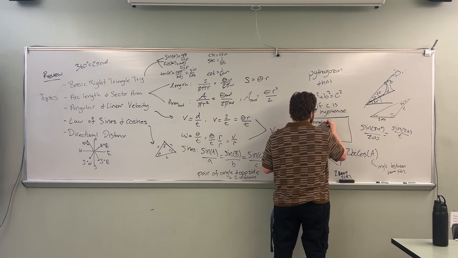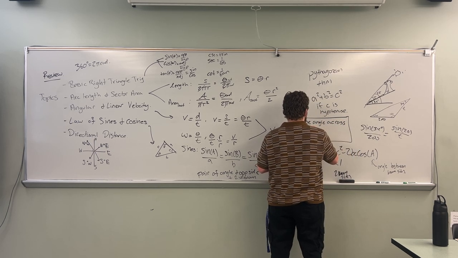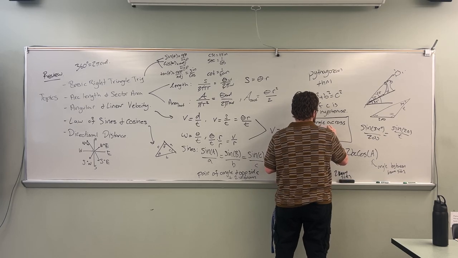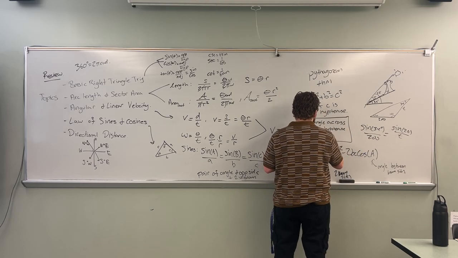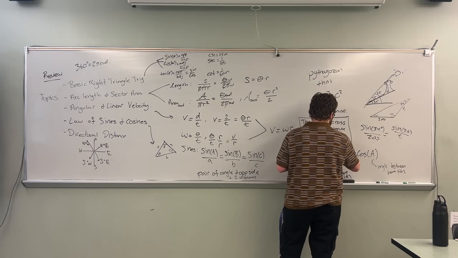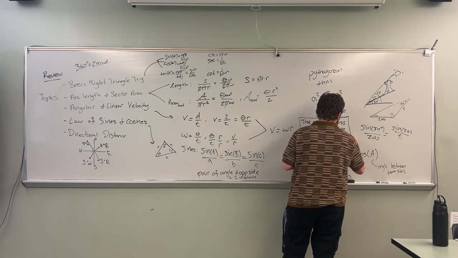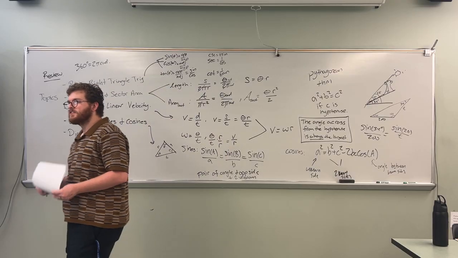The angle across from the hypotenuse is always the largest. That is a hint for the problem that we messed up in class yesterday.